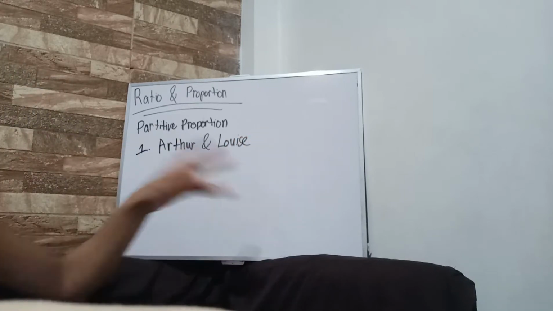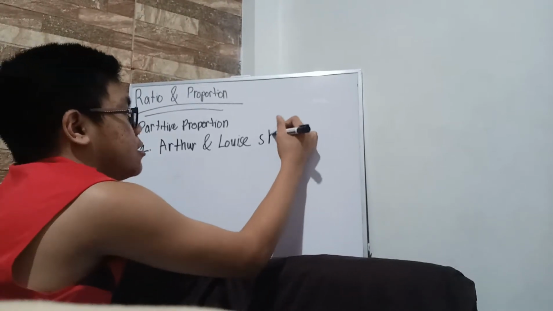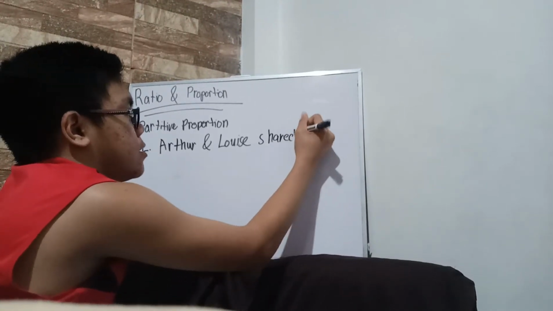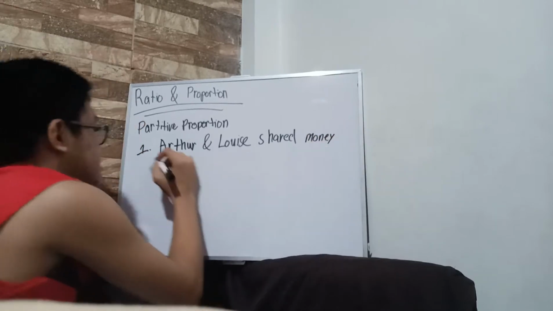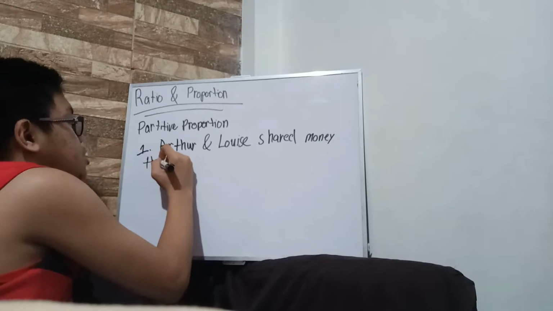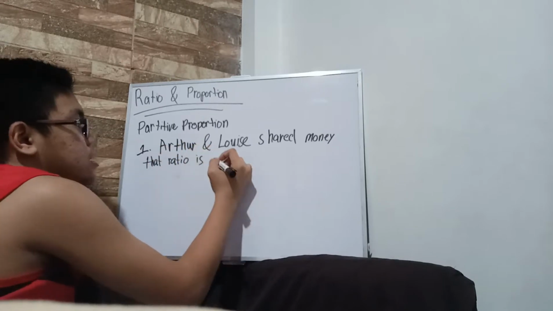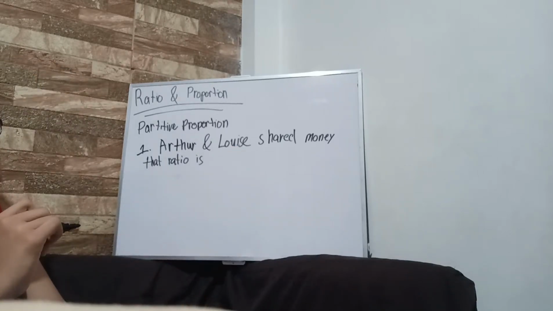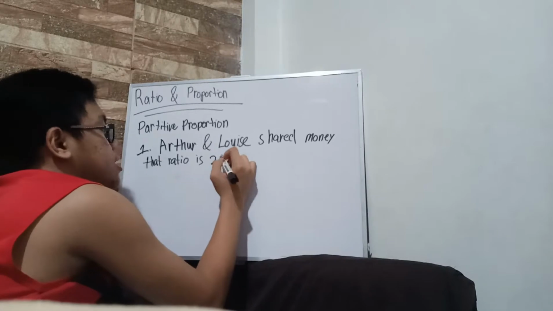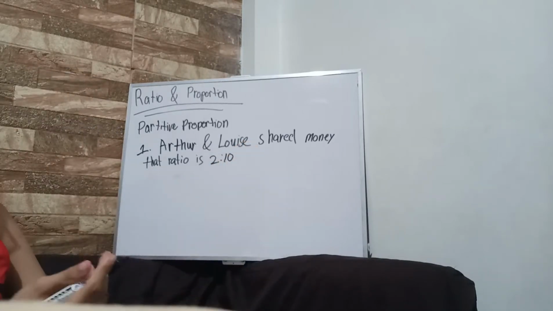There, Arthur and Luis shared money that the ratio is 2 is to 10.